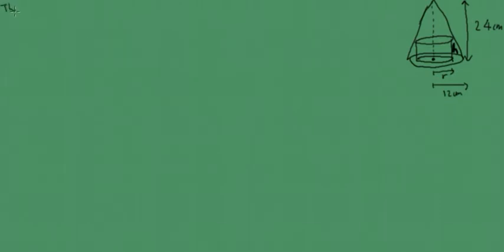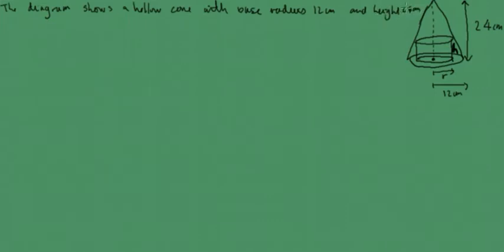The diagram shows a hollow cone with base radius 12 centimetres and height 24 centimetres.